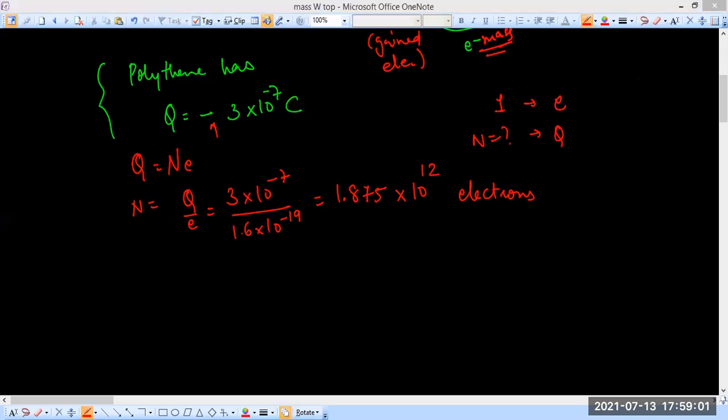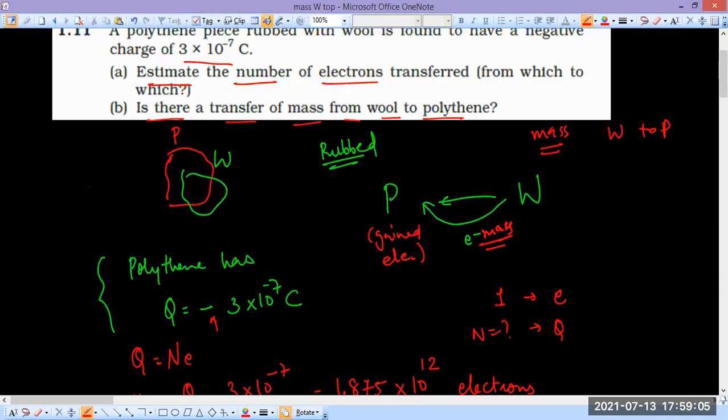If this got a negative charge, we can confirm that charge has transferred, because by default everything is neutral. All things are made up of atoms, and atoms are neutral. So if this has become negative, that is only possible if charge has been transferred.